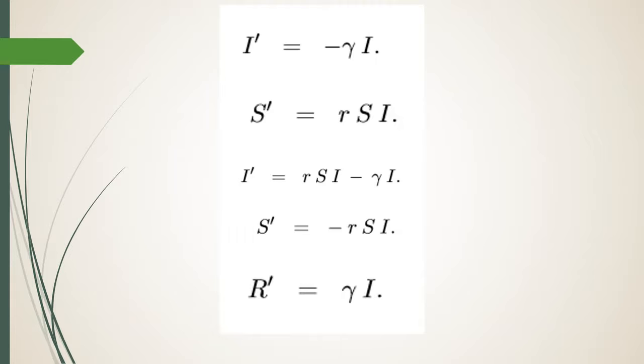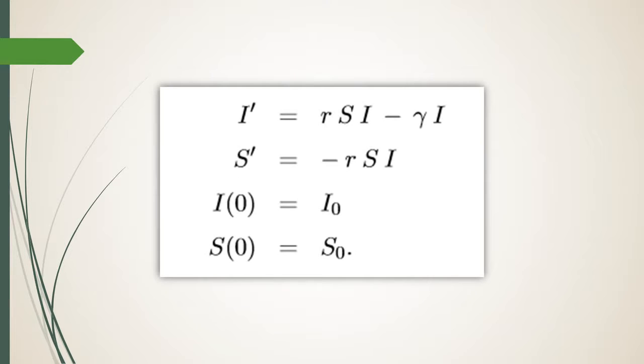Susceptibles are lost at the rate r S I, so S prime equals minus r S I. Finally, the removed population increases at the same rate the infectious population decreases, so R prime equals gamma I. All in all, our complete infectious disease model is the 4 equations we have here.